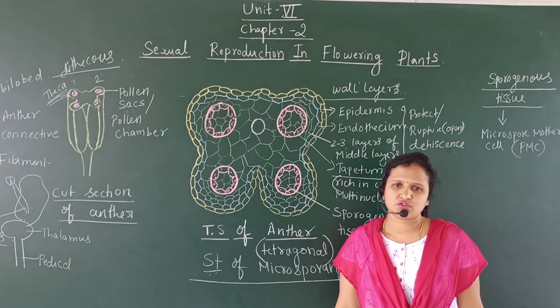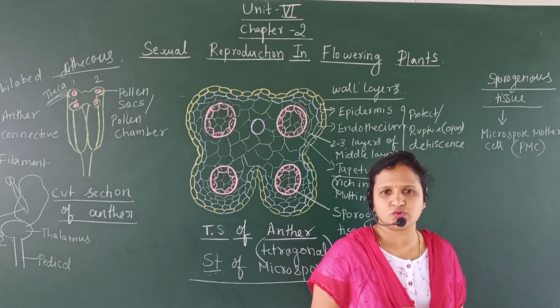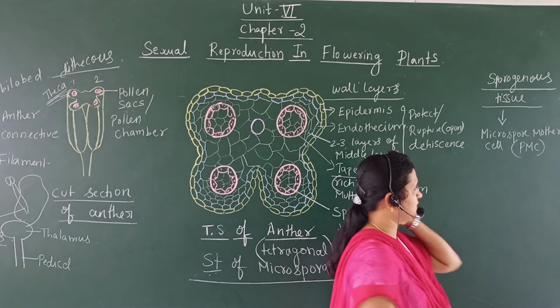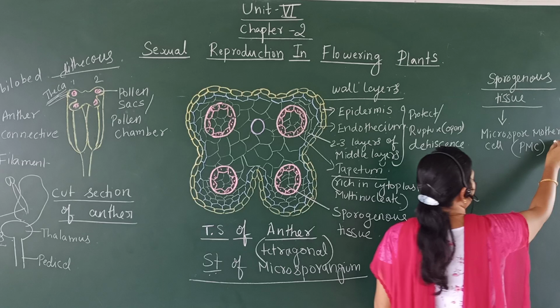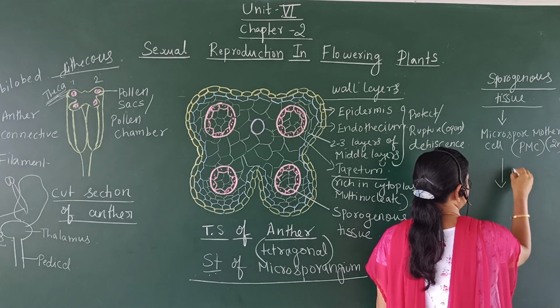Many cells will be present, and all the cells are going to differentiate into microspore mother cells or pollen mother cells, which will be diploid, and these undergo meiosis.